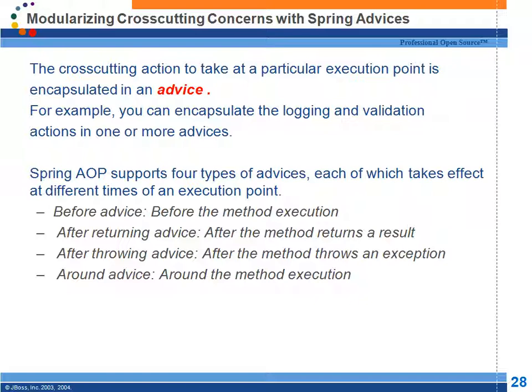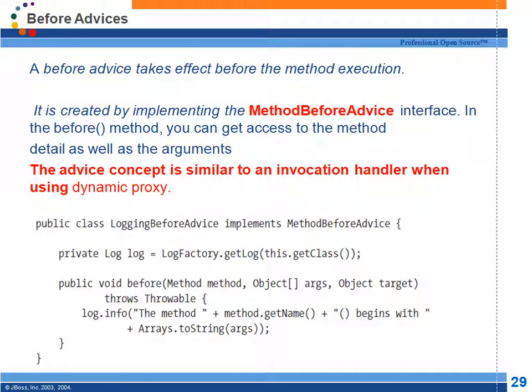Now let us see how to write your own advice and how to create proxies using Spring. I told only about advice till now. If you want to write a before advice, you need to write a class implementing method before advice, and there is a method called before which is taking parameters similar to the invoke method, the object parameters and so on, right?